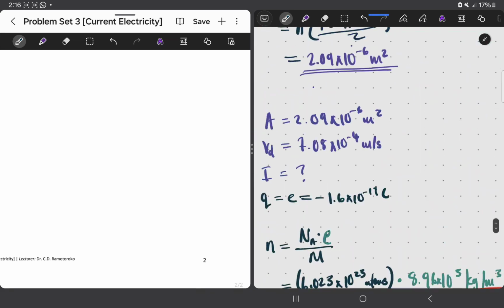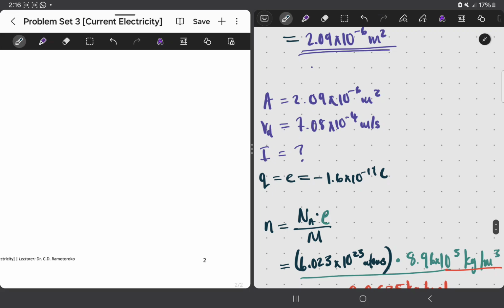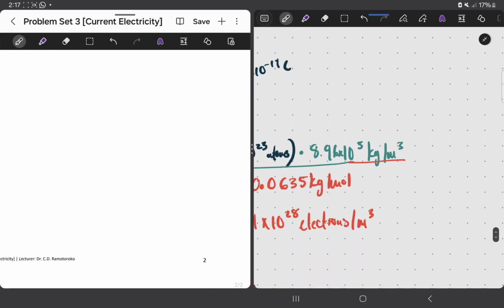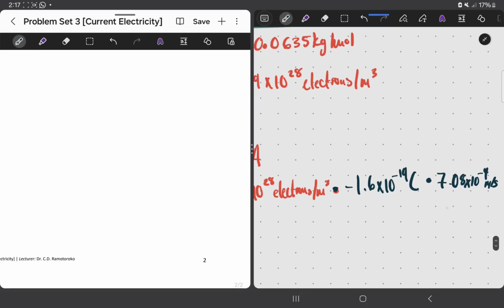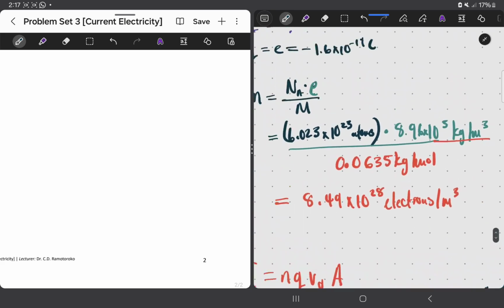Then we multiply by area, 2.09 times 10 to the negative 6 square meters. Can you see that?